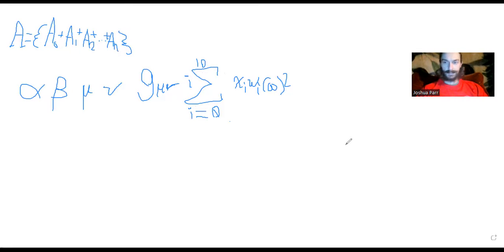I is an entity by itself, and you're going to sum it 10 times, so that plus the next one, I equals 1. Next, I equals 2. Next, so on and so forth. That's how those summations work.